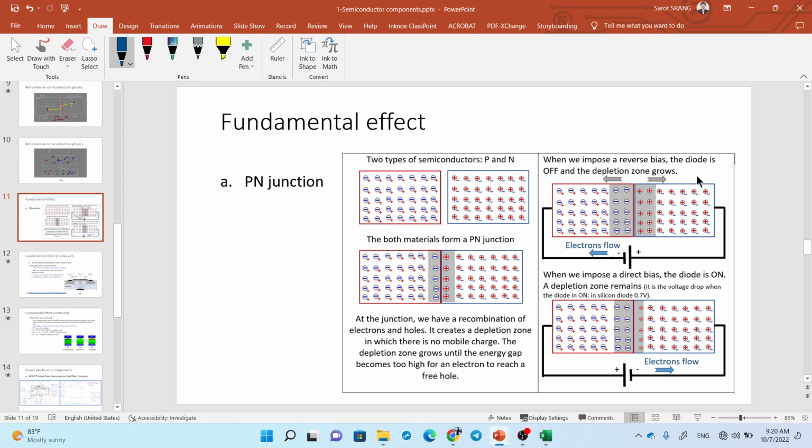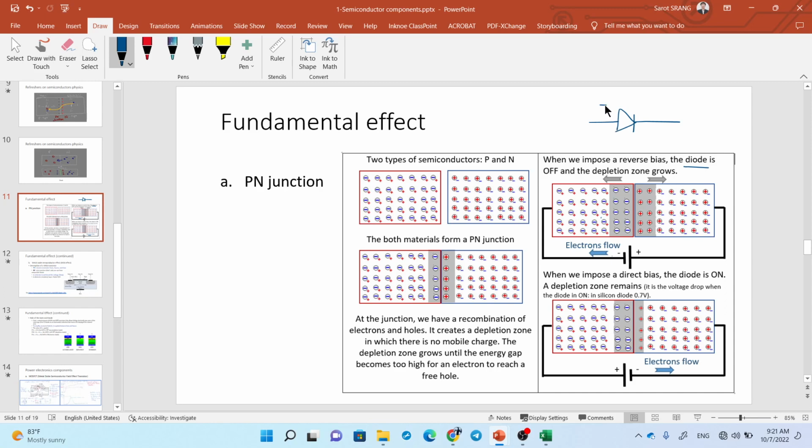So the diode turns off. Actually, this one is the form of a diode. Sorry, not notation, but schematic.